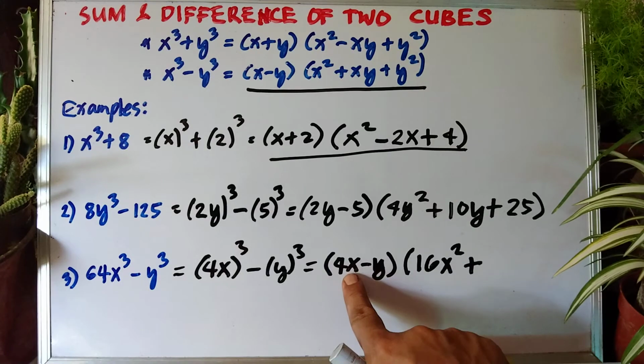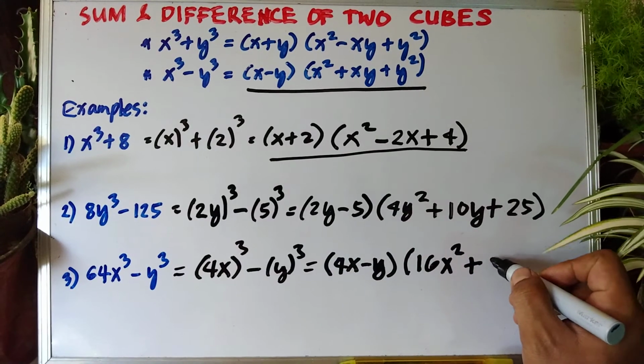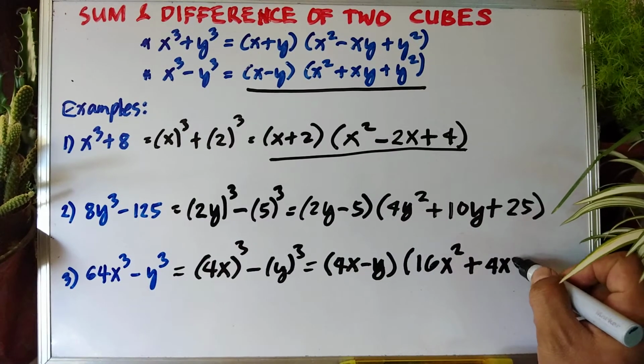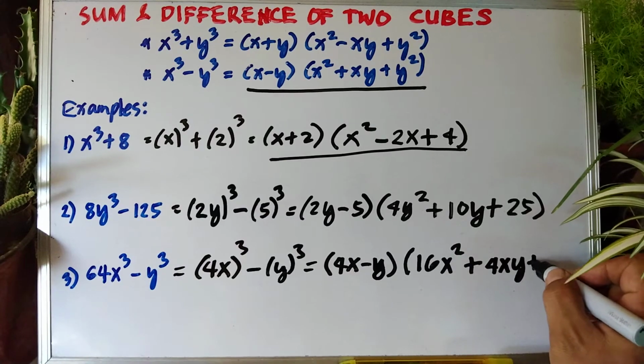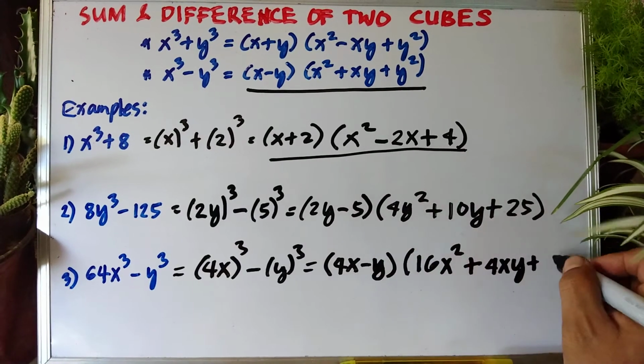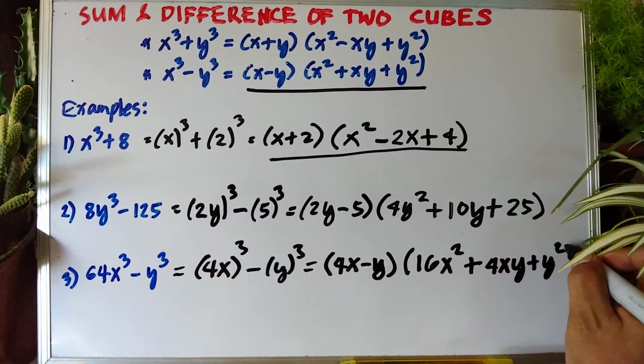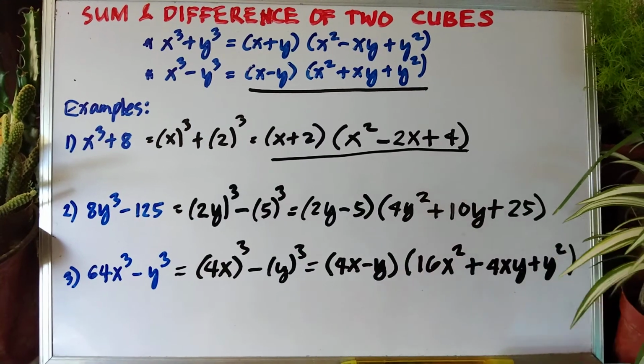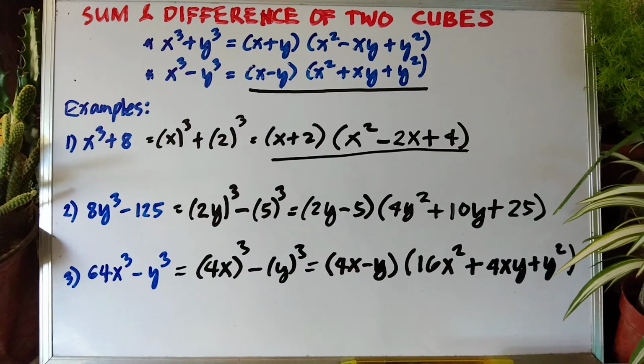We just multiply 4x times y, you have 4xy. Plus, what's the square of y? Simply, you have y squared. Okay? Did you get it? It's just as simple as that when you factor the sum or difference of two cubes.